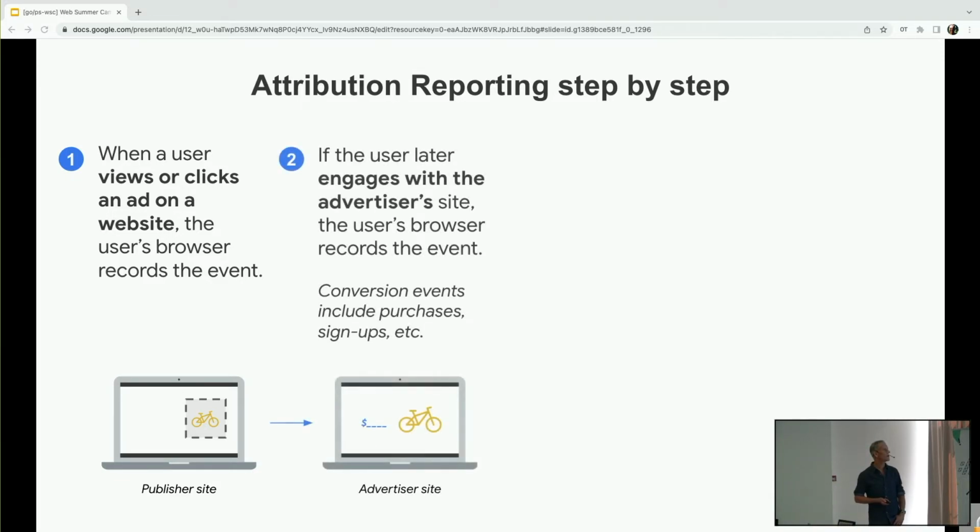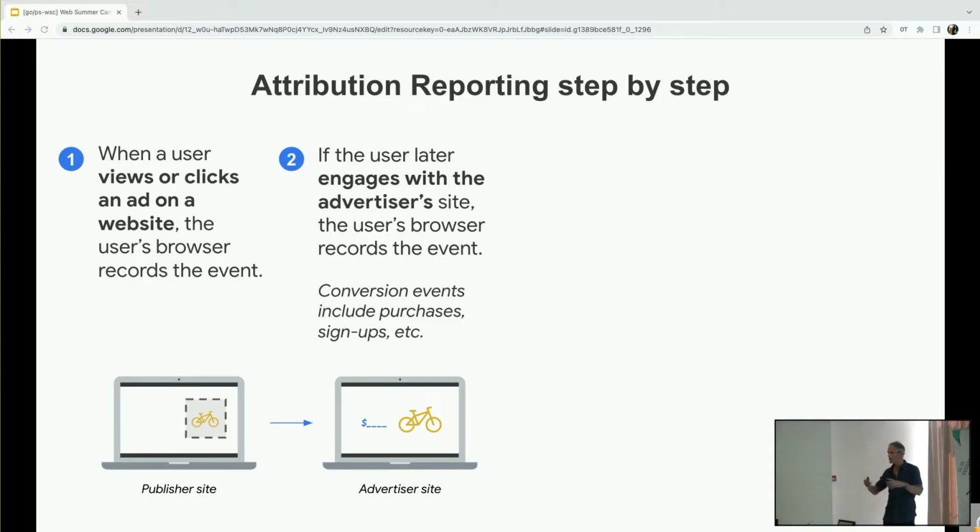And then later on, if the user engages with the advertiser's site, the browser can record that event as well. So now we have the act of, say, clicking on an ad, and then an action, which is some kind of conversion on an advertiser site.